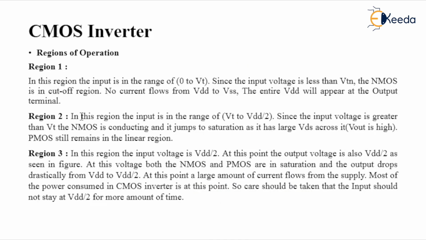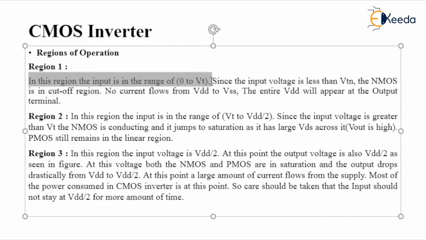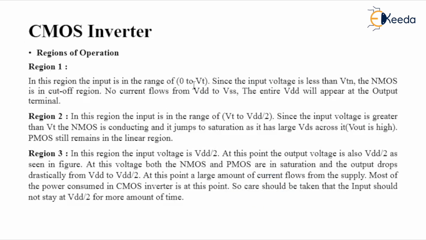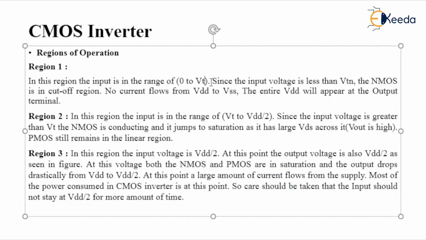So what is happening in the different regions of operation? In region 1, this region is the voltage range between 0 to Vt. So what happens when the input voltage is less than the threshold voltage? Definitely we can say the NMOS will be in cutoff mode. When will the NMOS transistor be turned on?